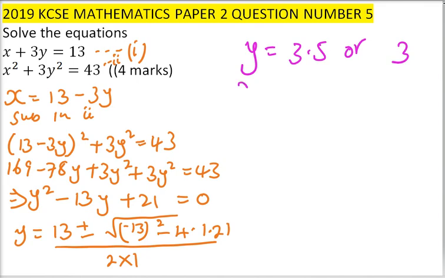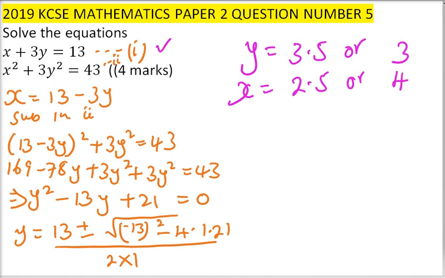So for example, when y is 3.5, if you substitute in our first equation, this will be 3 times 3.5, that will give you 10.5, and you find that x will be 2.5. And when y is 3, this will be 9. Take 9 to the other side, then you find x is equal to 4.